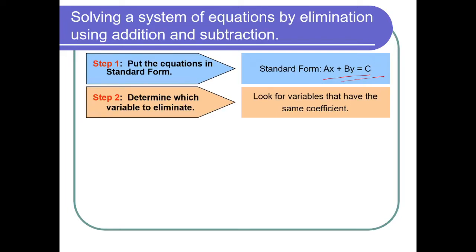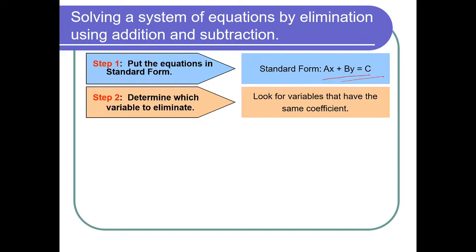Sir, how are we going to determine which variable are we going to eliminate? Look for variables that have the same coefficient. Like for example, 3x and 3x. The first equation is 3x. The second equation is 3x as well. Or the first equation has 5y. The second equation has also 5y. So that's step number 2.